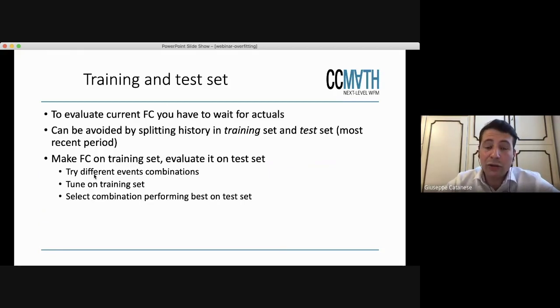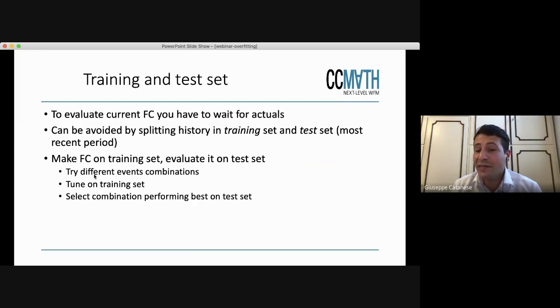Then we go to the training and test set, which is a more complicated, more advanced method. So how does it work? Basically, you divide your data set between training and test set. You estimate a model, you do a fit, but normally you would need to wait for the actual.